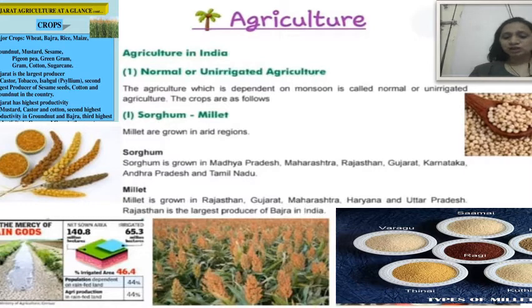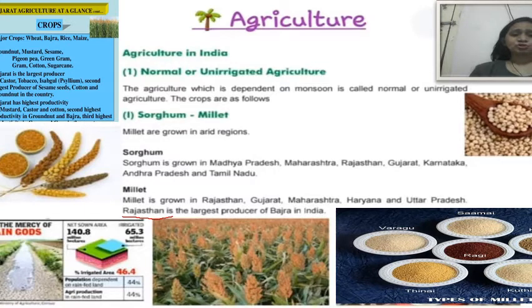Millet is grown in Rajasthan, Gujarat, Haryana and Uttar Pradesh. Rajasthan is the largest producer of bajra in India. So the state which is the largest producer of bajra is Rajasthan. Okay, even more than Gujarat, bajra is produced in Rajasthan.